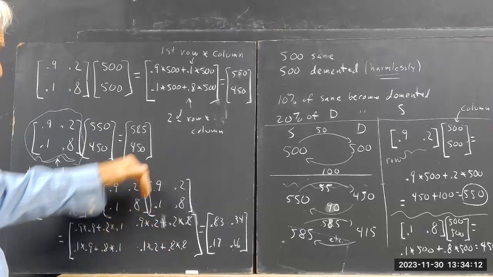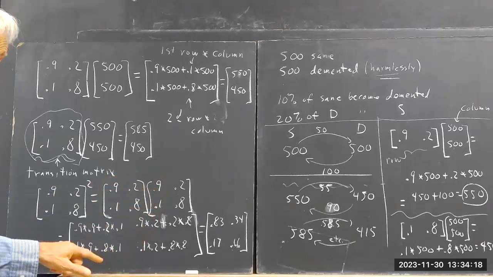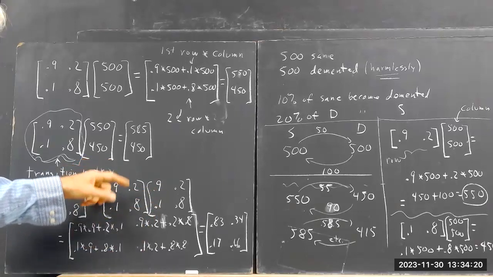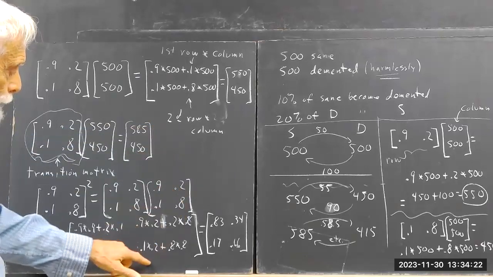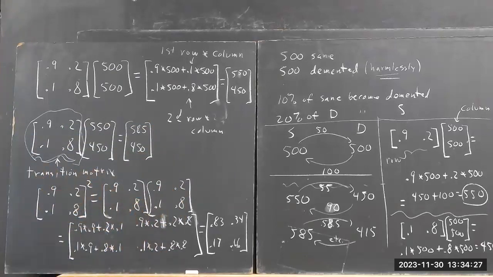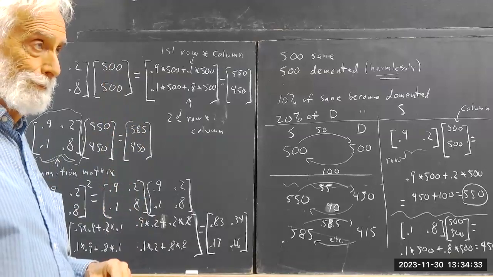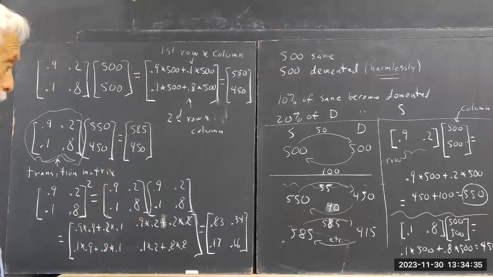And then we take row 2 times column 1, there are the numbers from row 2 of the first matrix, column 1 of the second. And then row 2 times column 2, there are the numbers. Now you should be able to do those numbers in your head, just multiply decimals. All the numbers we multiply are 1 digit.